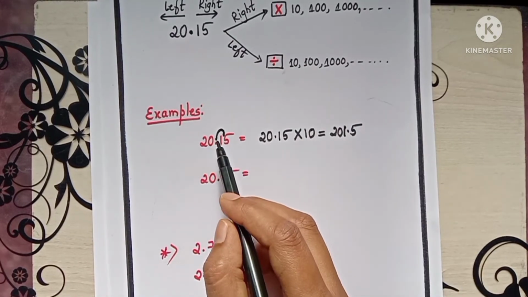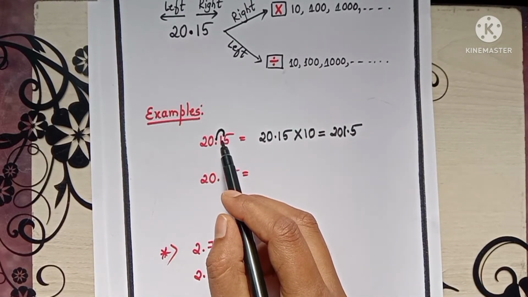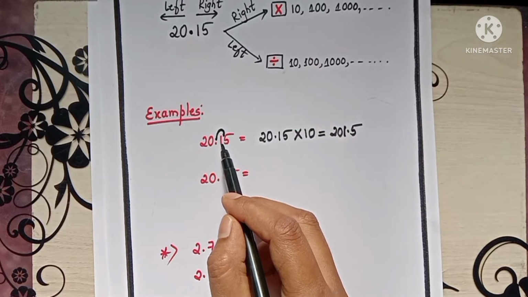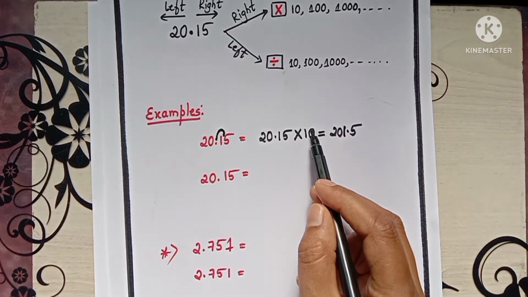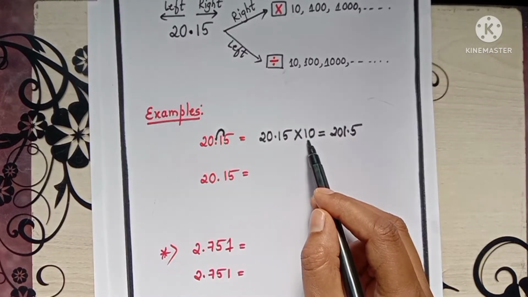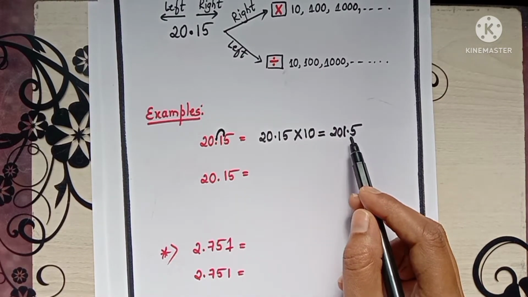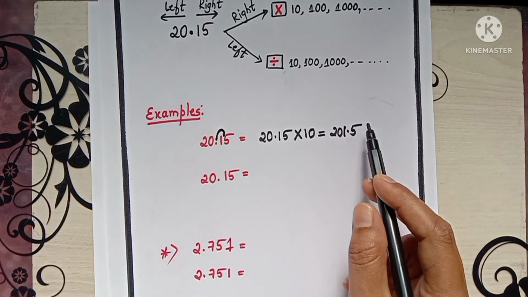So here I am shifting by only one digit, therefore I have multiplied by 10. So the answer will be 201.5.